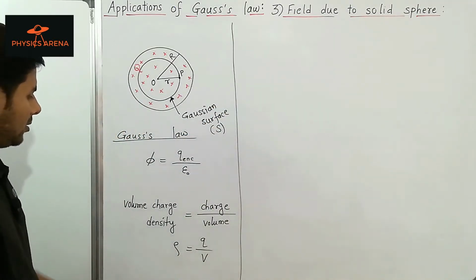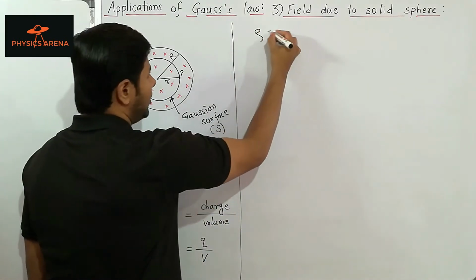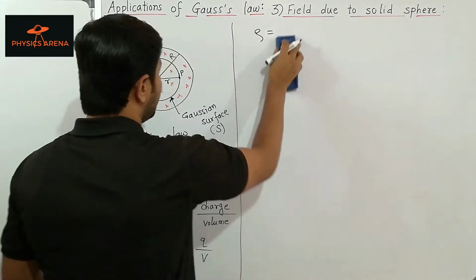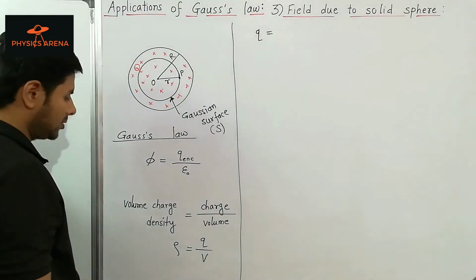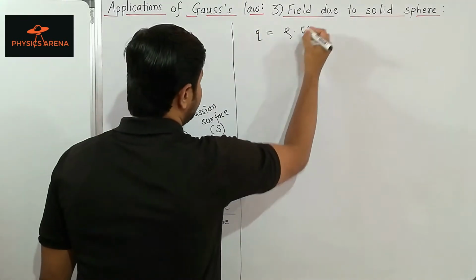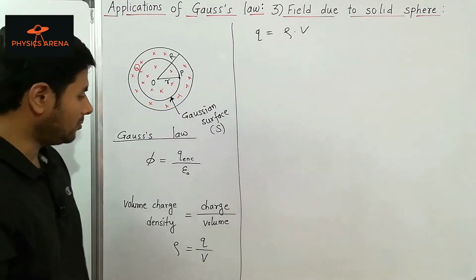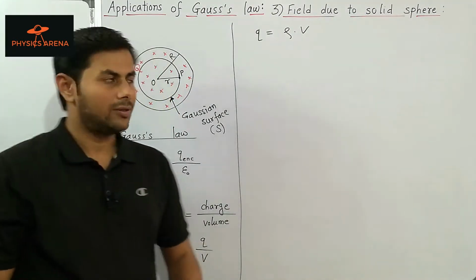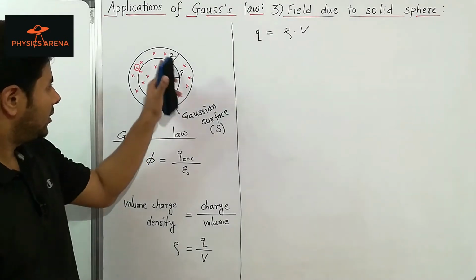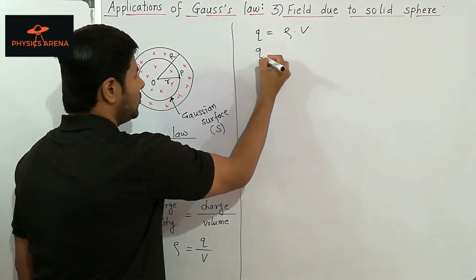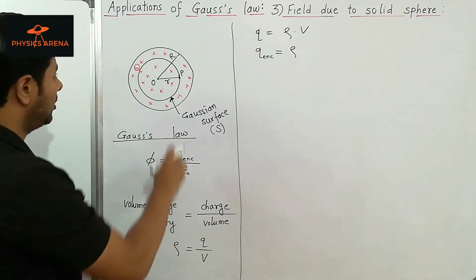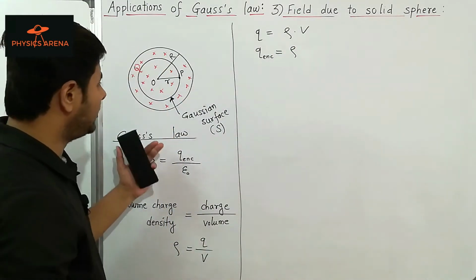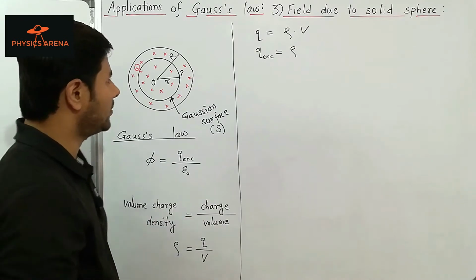Then Q would be equal to rho multiplied by V. V is the volume, and therefore the charge enclosed in this sphere, Q enclosed, is equal to rho multiplied by the volume of this Gaussian sphere, the Gaussian surface.